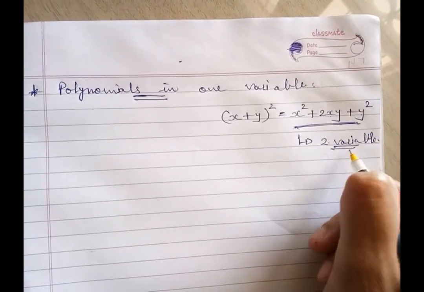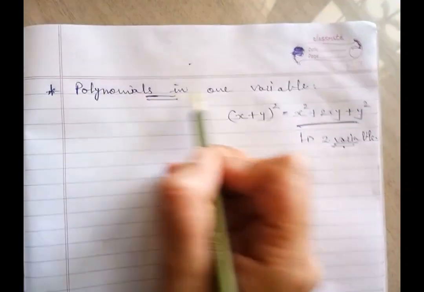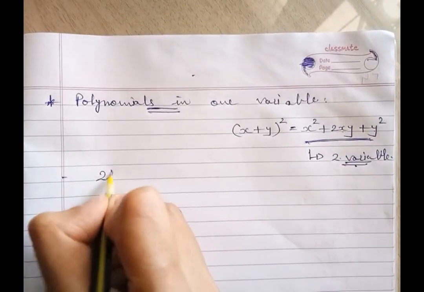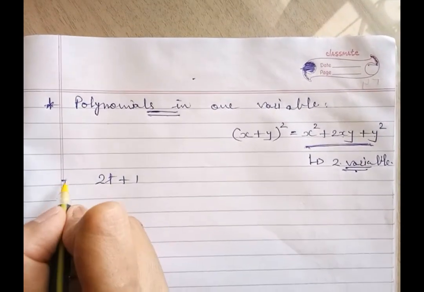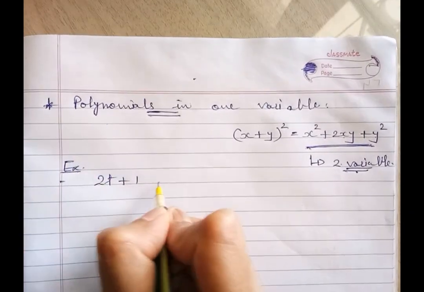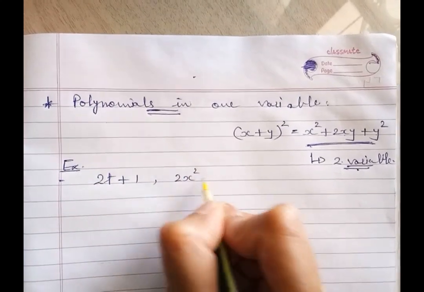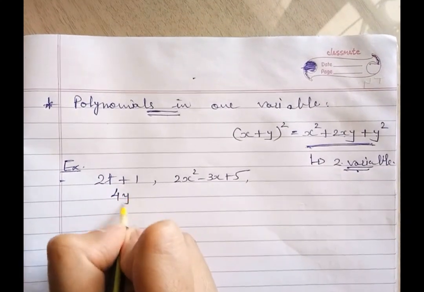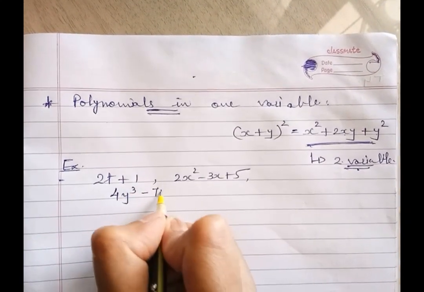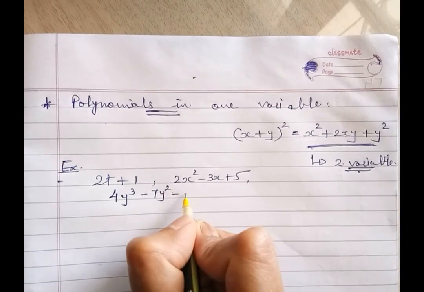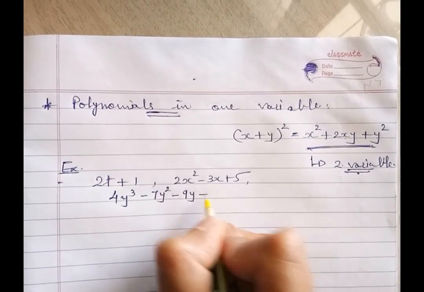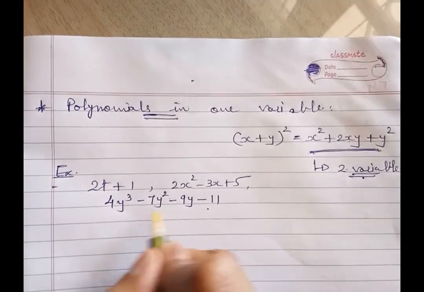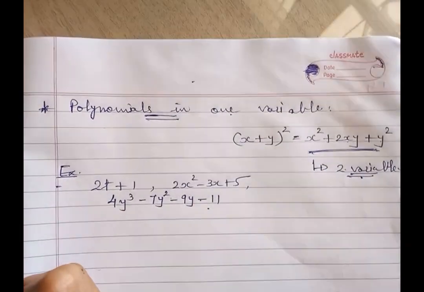Now we are going to see polynomials in one variable. Examples: 2t plus 1, 2x square minus 3x plus 5, 4y cube minus 7y square minus 9y minus 11. These all are called polynomials in one variable. Why?